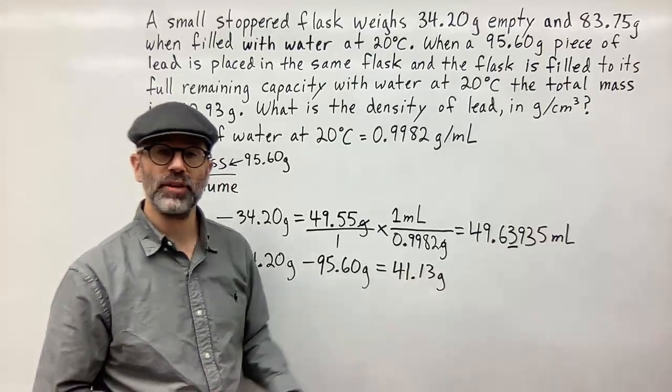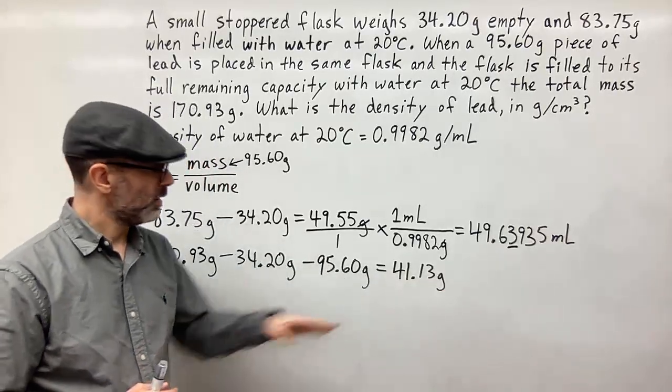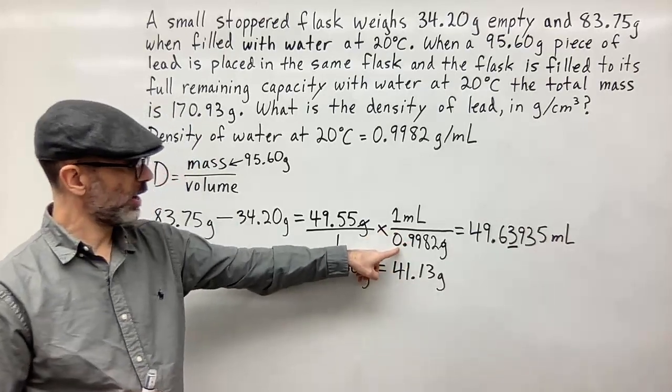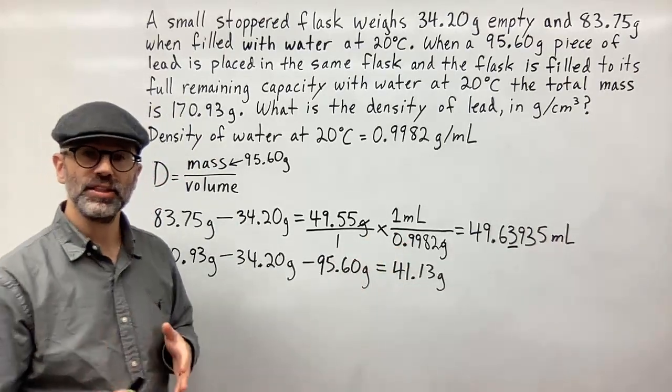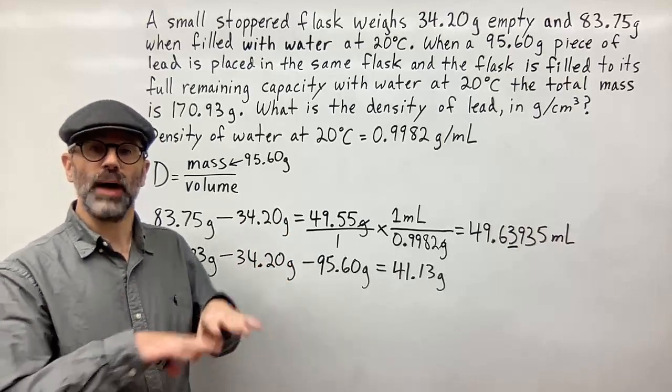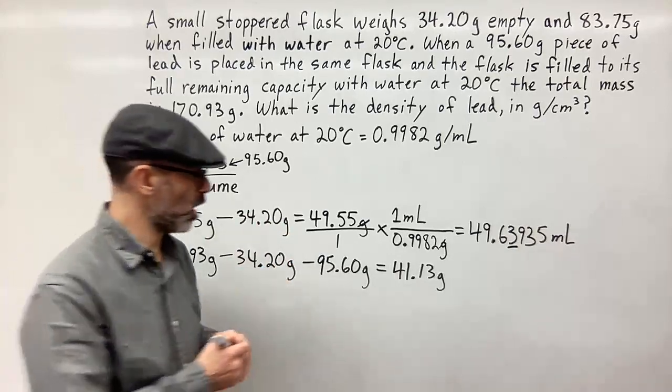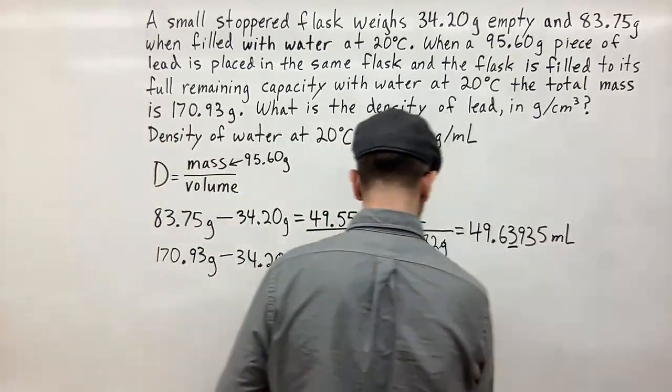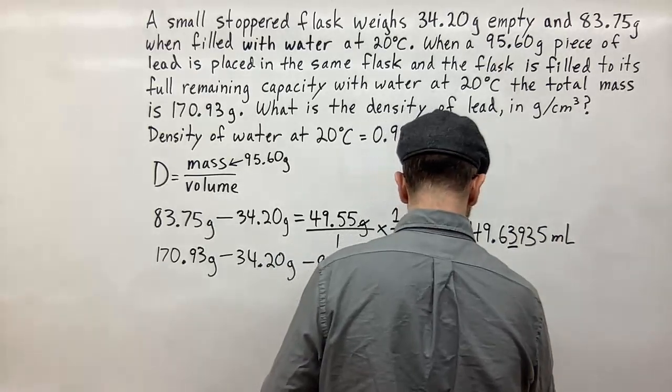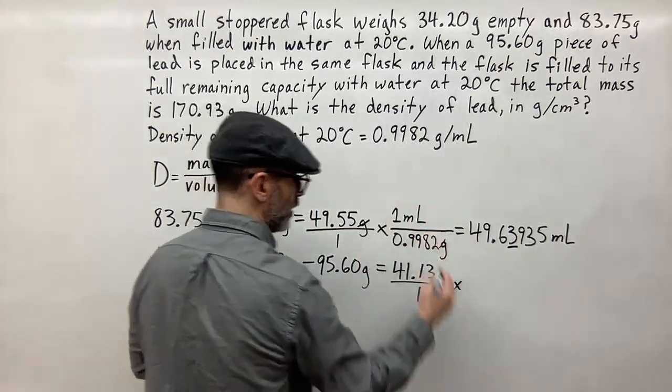Now I want to convert that to volume using the same density. So I'm going to go ahead and use this again. I'm going to convert this to volume to find out the volume occupied by that amount of water. So here, I'm going to use this conversion factor again.